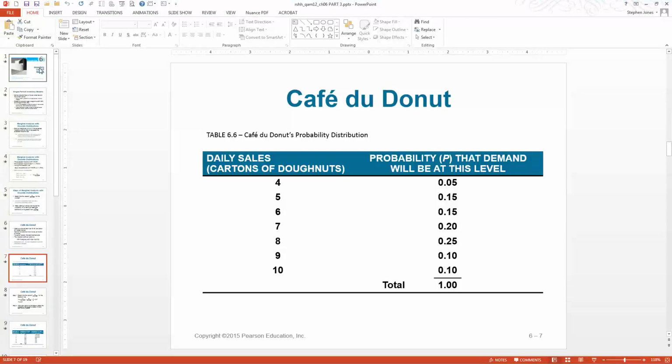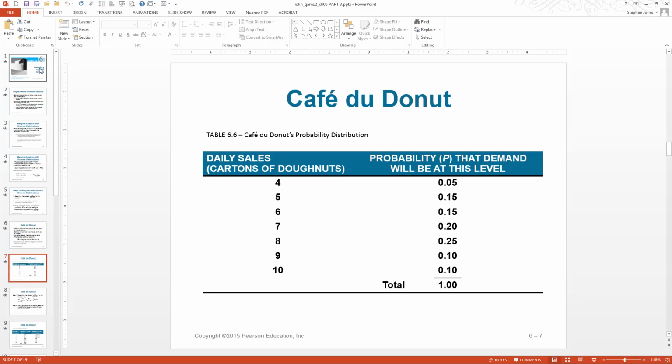So, if you were looking at cartons of donuts, the likelihood that a daily sale is just 4 cartons of donuts is 5%. That's the probability P. And you'll notice that it goes up to the probabilities of 8 cartons and 7 cartons being the most likely scenarios of all 7 scenarios that they present here.